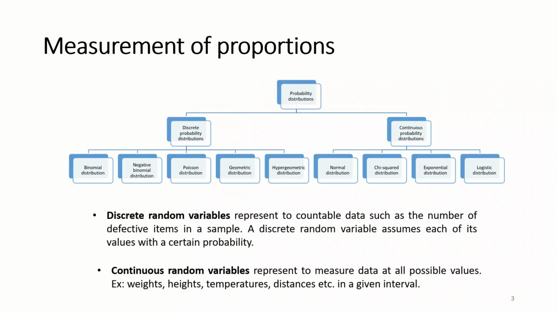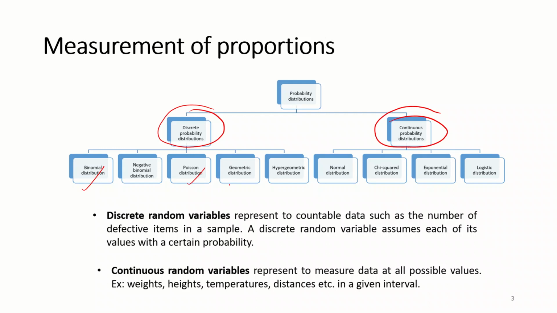Coming to measurements of proportions, probability distributions can be broadly classified into two ways: discrete probability distributions and continuous probability distributions. Here we have some familiar names like binomial distribution, Poisson distribution.